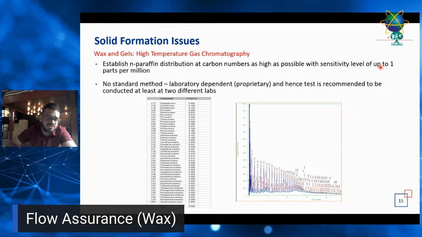If not, we need to extend the distribution to 1 ppm mathematically in a spreadsheet, through calculations. Because this will contribute to the first wax crystal. So basically, we need to extend it to 1 ppm because that will affect the WAT prediction later on. So it's important that we extend it to 1 ppm.